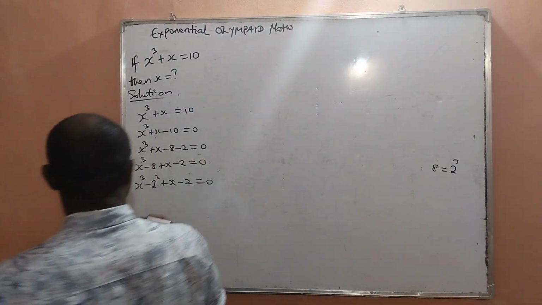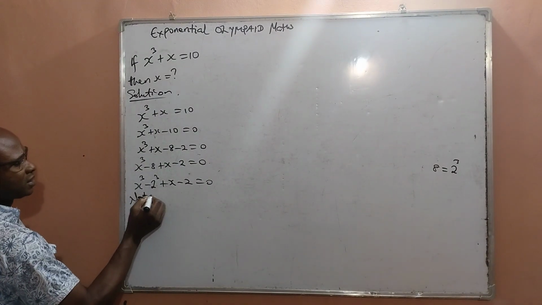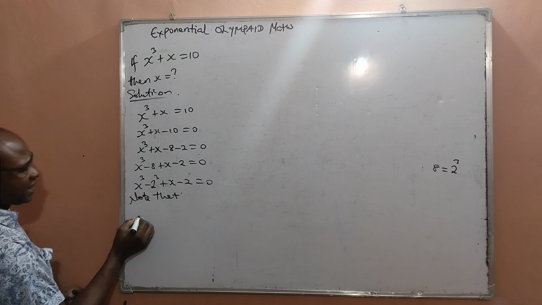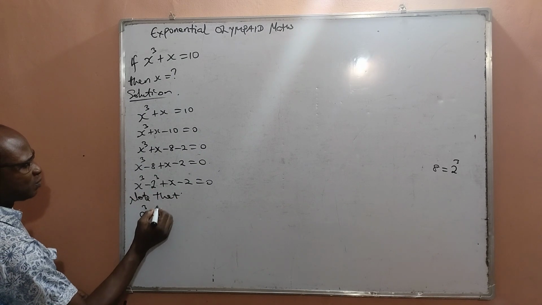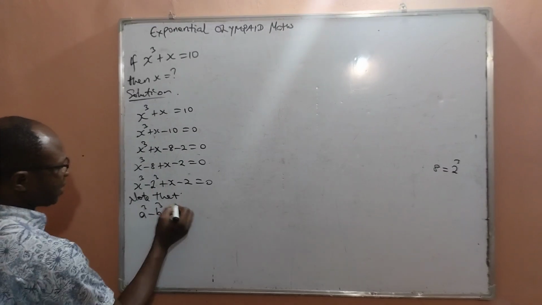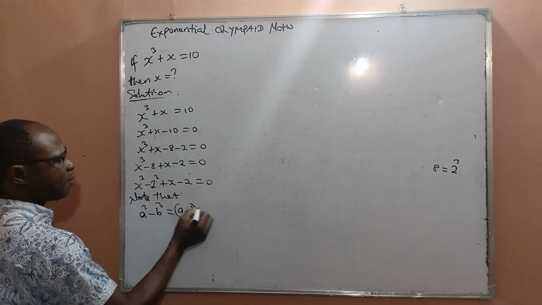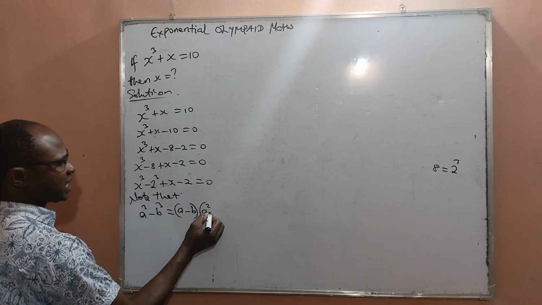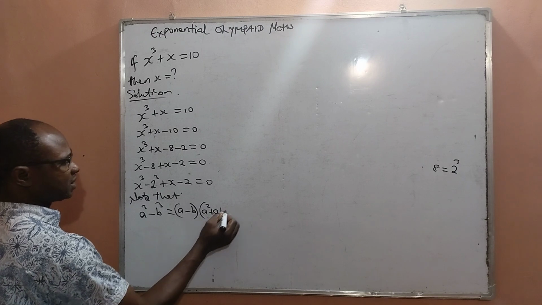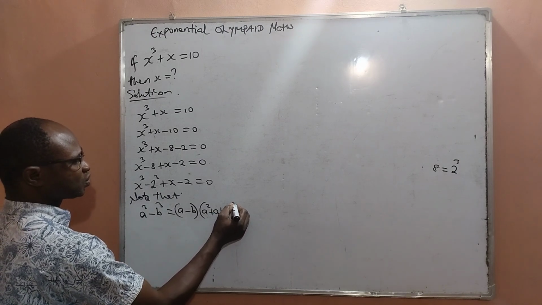But note that if I give you a to the power of 3 minus b to the power of 3, it is equal to a minus b multiplying a squared plus ab then plus b squared.